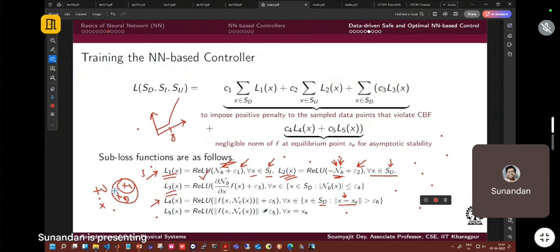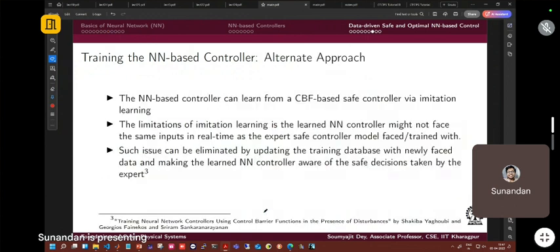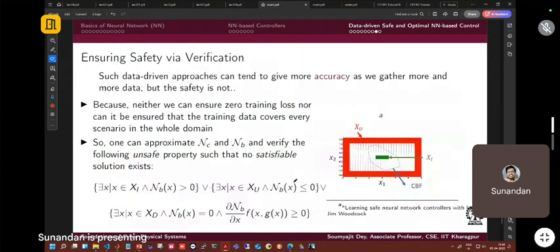if you think that you are reaching the equilibrium. So after we design the neural network based controller with these motivations, and update the loss function with these motivations, then obviously we will get something where I will be able to maintain safety and stabilize the system while controlling it using my neural network.